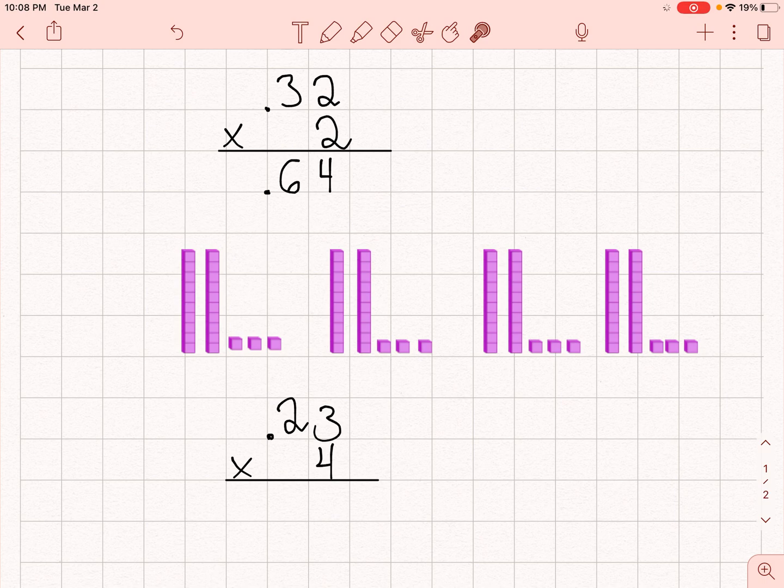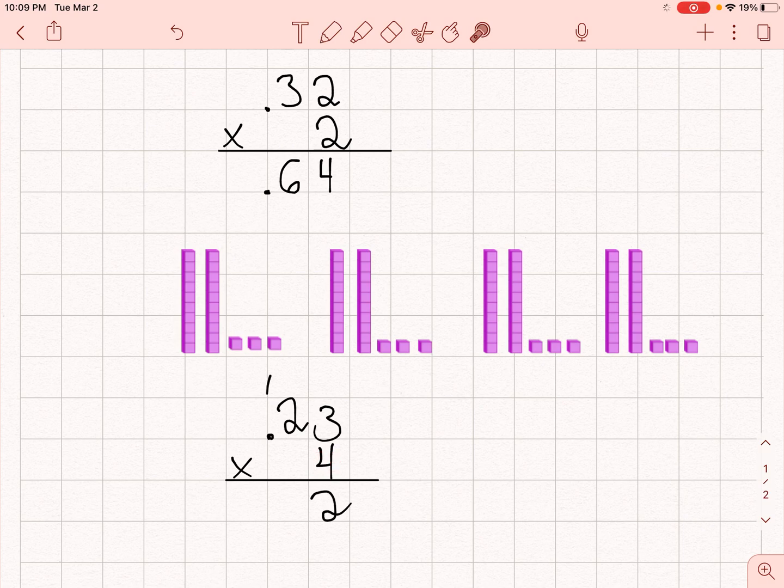So to begin with, just like the last example, and just like multiplying the way that you're already familiar with, we'll start in the units place here. 4 times 3. So that's 1, 2, 3, 4, and that would be 12. So I'm going to write the 2, carry the 1.